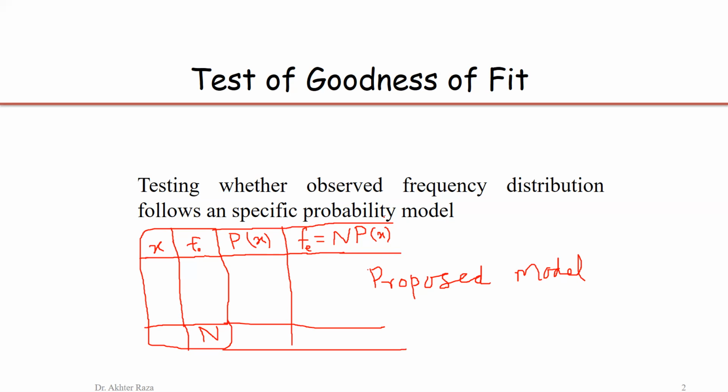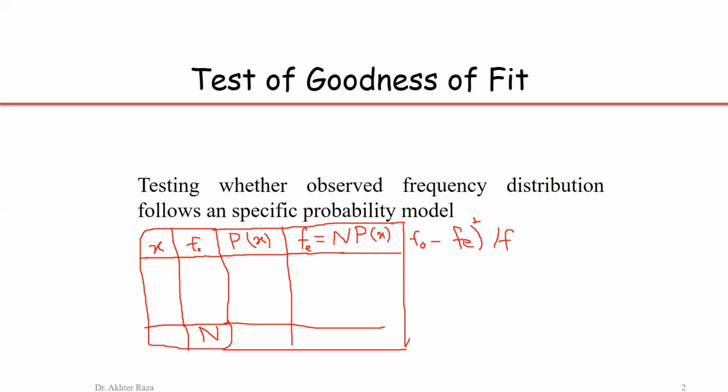After computing the fitting of the model, we have to find the value of chi-square. What is the formula of chi-square? It is the sum of FO minus FE, the whole square, divided by FE.